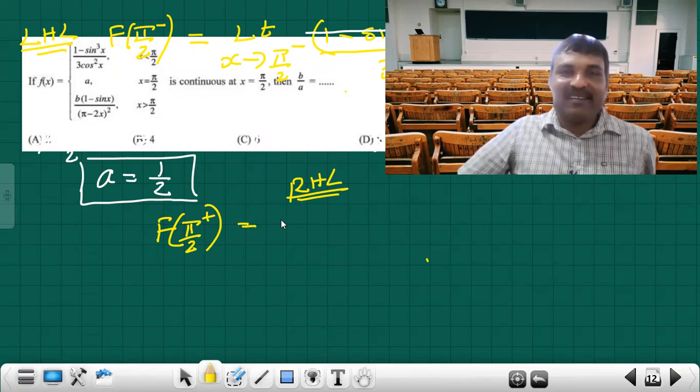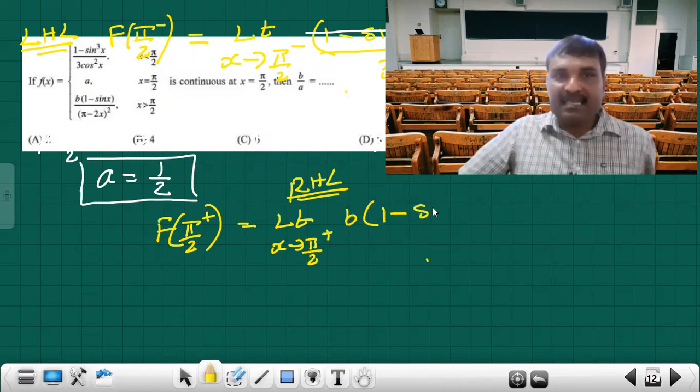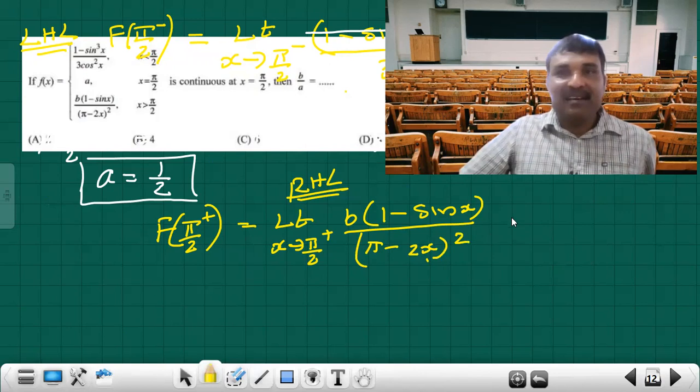So we can write the limit as x tends to pi by 2 plus of b multiplied by 1 minus sin x divided by pi minus 2x whole square. If you directly apply, the form is 0 by 0.